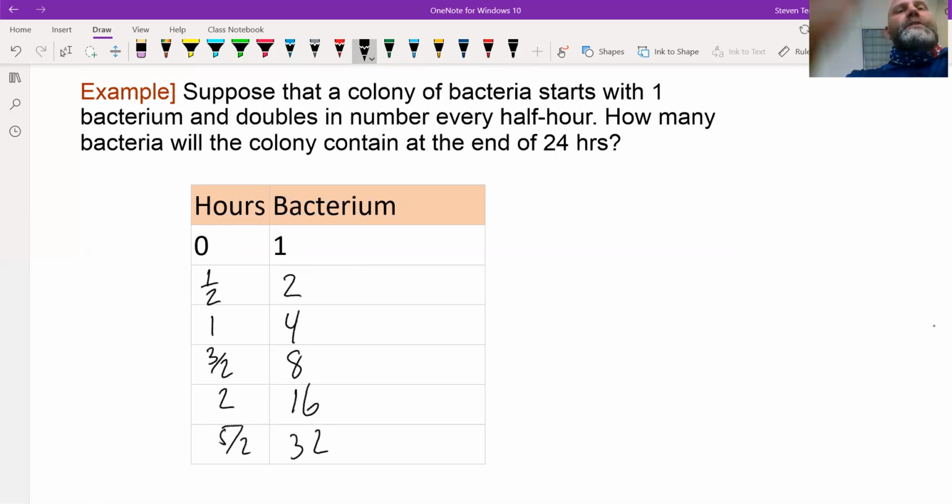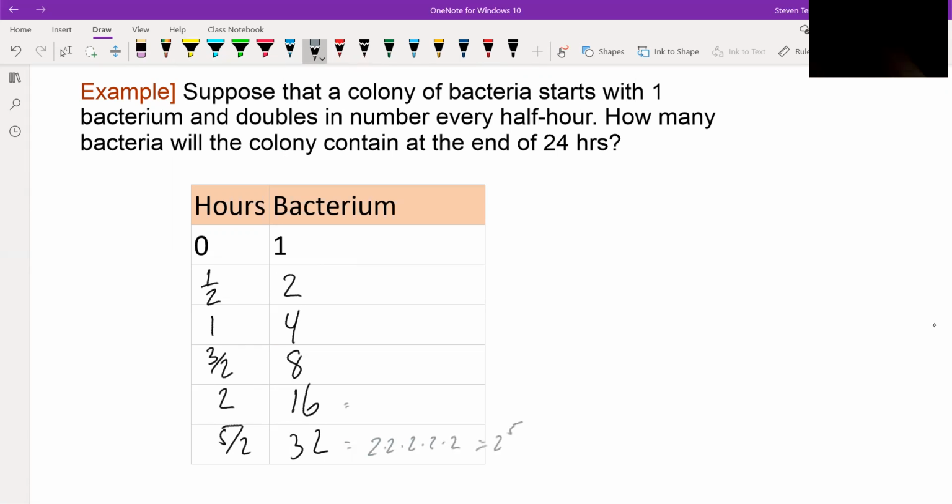Just so that you guys can see some patterns here. If I have my algebra students, I'd start at the bottom of the table and try to find some patterns. This looks like 2 times 2 times 2 times 2 times 2, 4 times 8, and there's going to be a bunch of 2's, and it's 2 to the 5th. 16 is 2 times 2 times 2 times 2, 2 to the 4th, and I think you guys are seeing the pattern here.